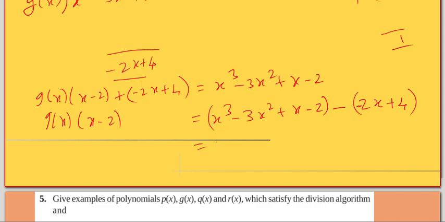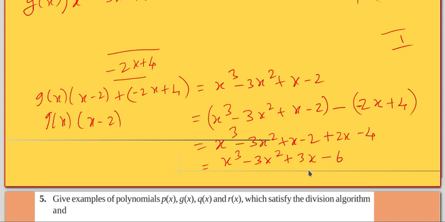So we can remove the bracket by multiplying the sign: x cube minus 3x square plus x minus 2, and here plus 2x minus 4. So x cube minus 3x square, and with the 2x term we get plus 3x, minus 2 minus 4 becomes minus 6. So x cube minus 3x square plus 3x minus 6.